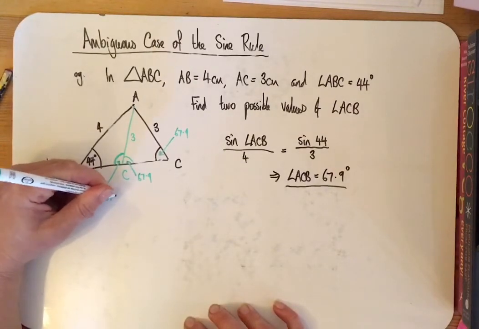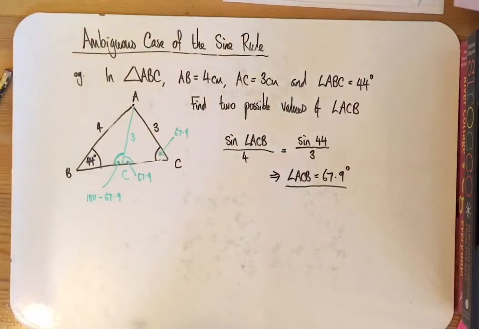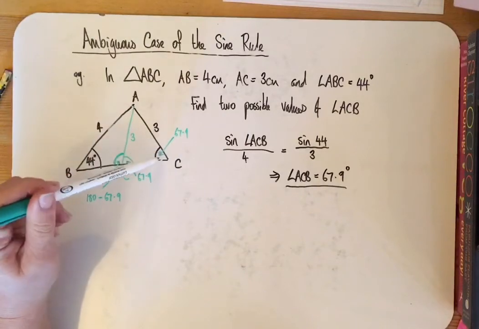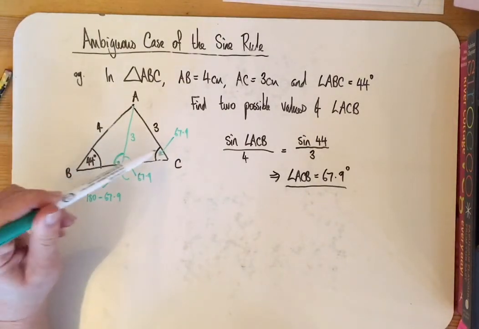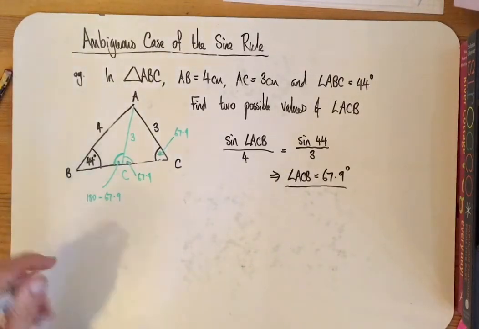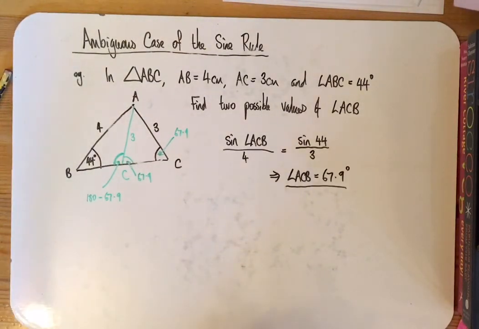minus 67.9. So if you're in an ambiguous case of the sine rule, it really is a special case, then the angle you're finding could be this one here, or it could be 180 take this one, which in this case gives you 112.1.